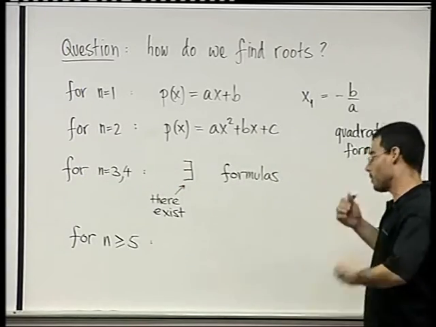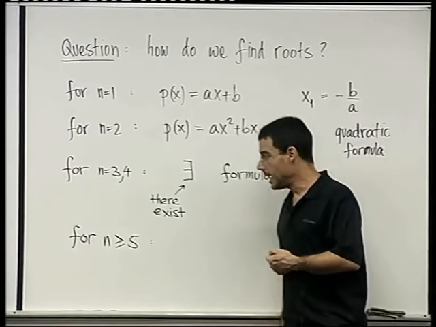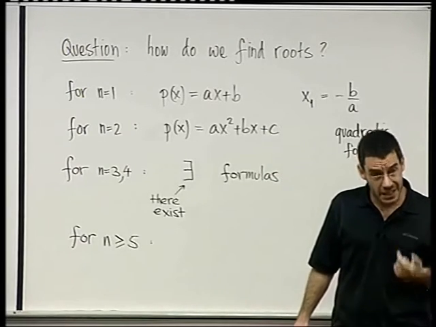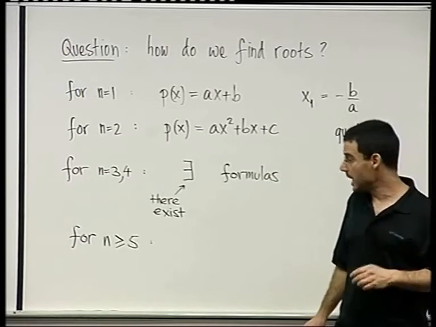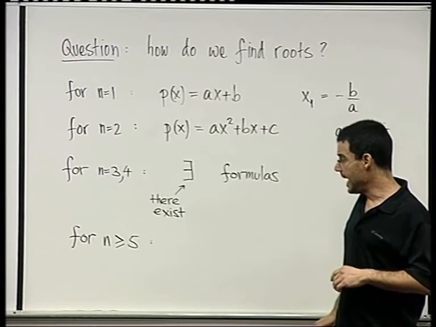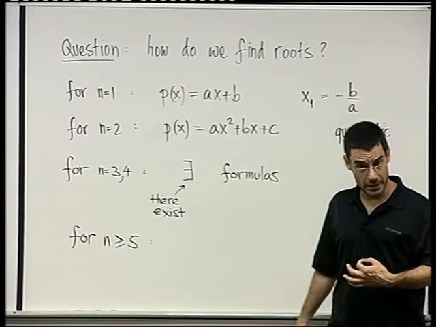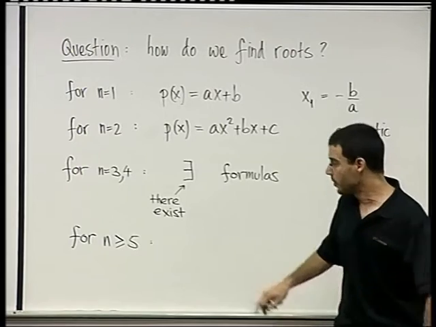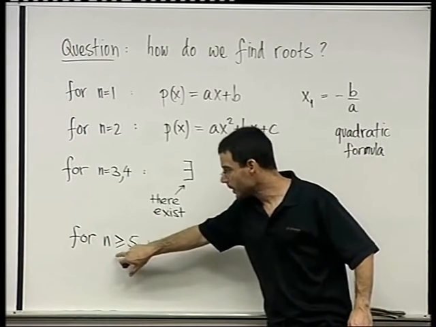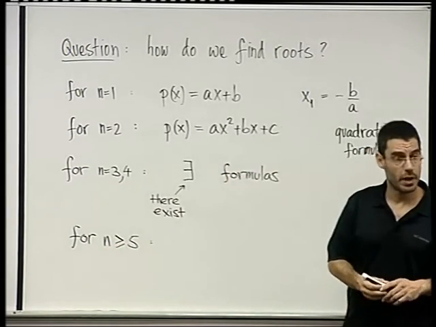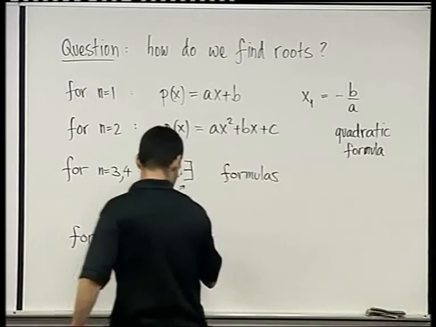Therefore, they worked and worked and worked and tried to find them. And it was only in the 19th century, around 1820, that it was determined that there is no formula by radicals for polynomials of degree 5 or higher.